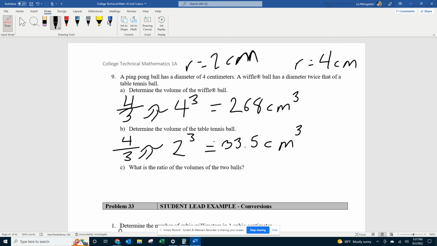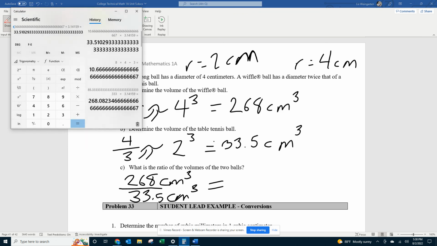What is the ratio of these two balls? So let's take our first one, our wiffle ball, divided by 33.5. We're in centimeters cubed over centimeters cubed, so we don't have to do any cubing of anything.